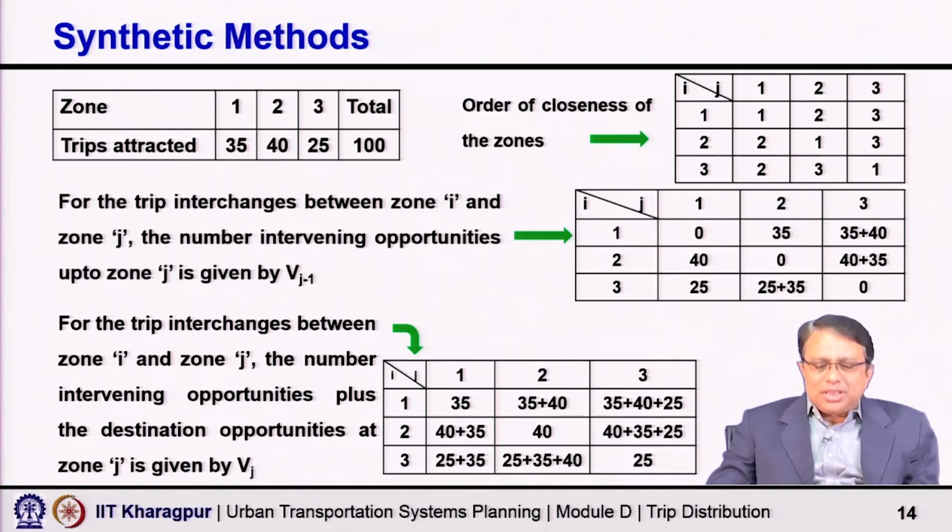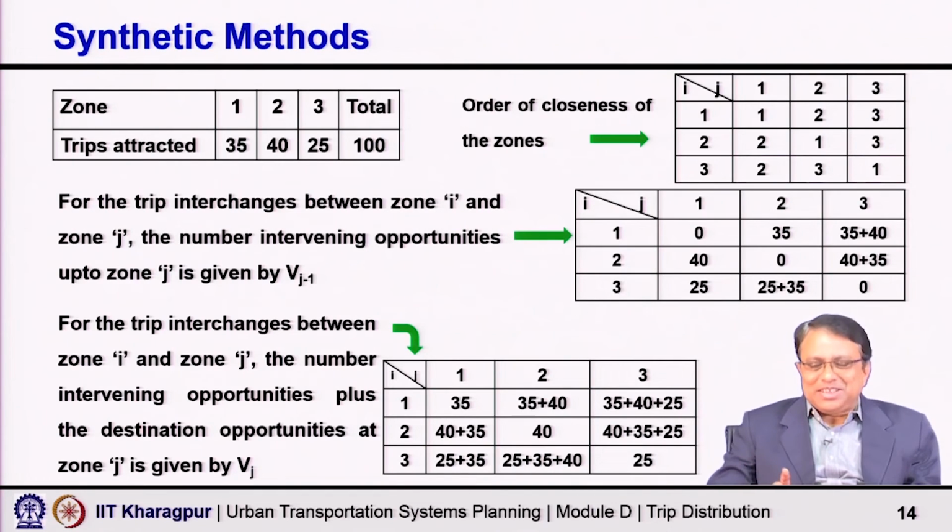Then I am showing two things here: for each origin zone i and each destination zone j, considering the order of closeness, what you consider up to V j minus 1, and what you consider up to and including the jth zone.